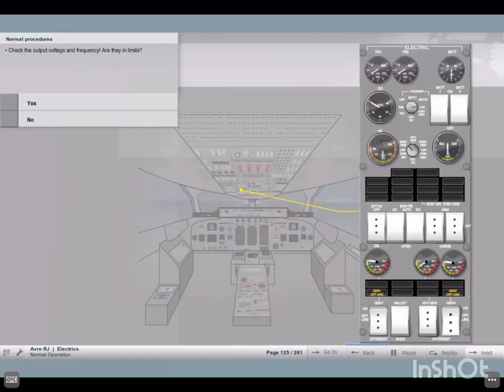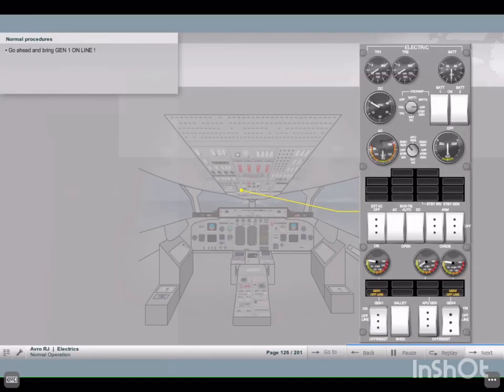Now, check if the output voltage and frequency are within limits and make your decision. You're right, AC voltage and frequency are correct. Now, we can bring the generator online.